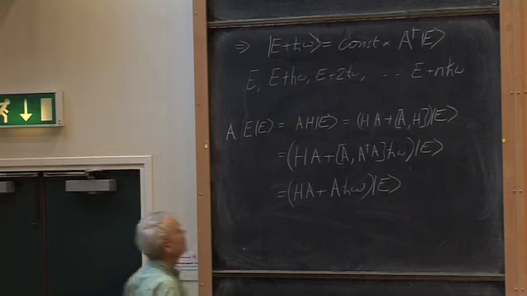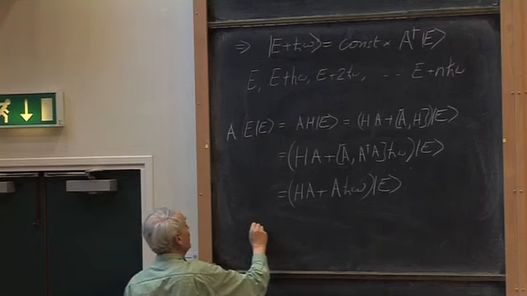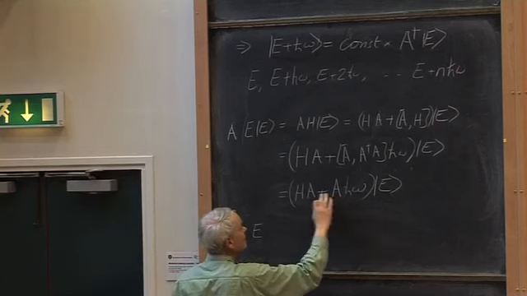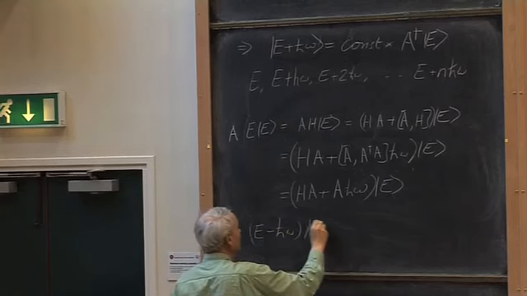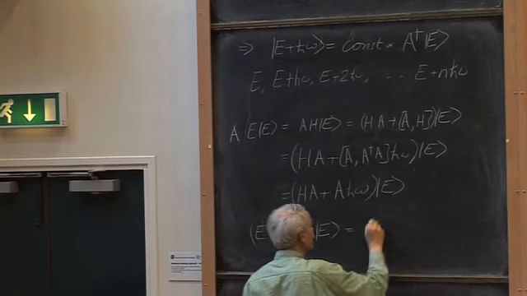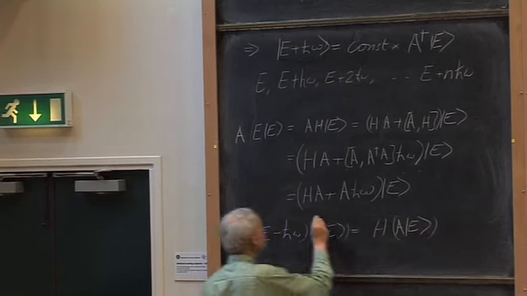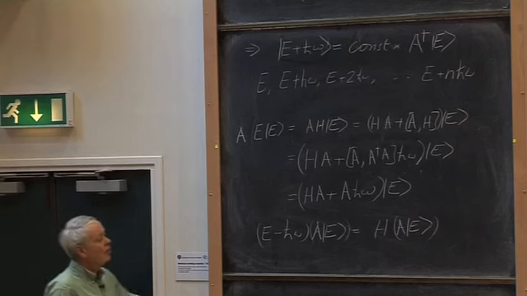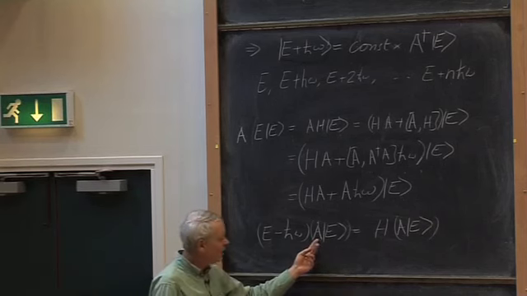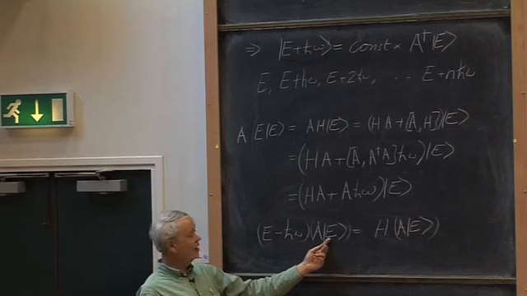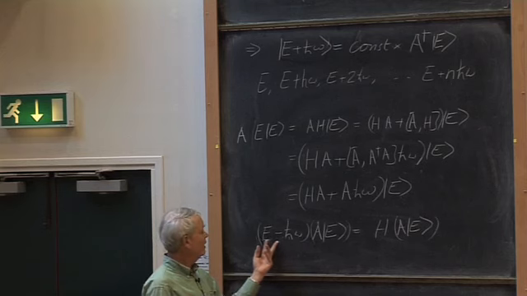So we take these together onto this side of the equation, and we then have that E minus h bar omega goes to the other side and becomes a minus h bar omega, AE is equal to HAE, which establishes, on the face of it, what we might have hoped, which is that the state you have after you used A on this stationary state E is another stationary state with an energy lower than E by h bar omega.